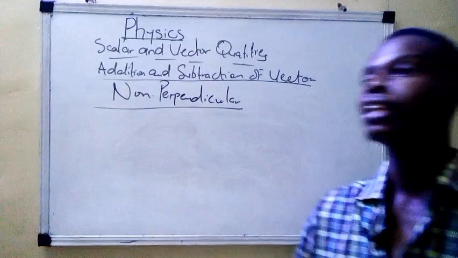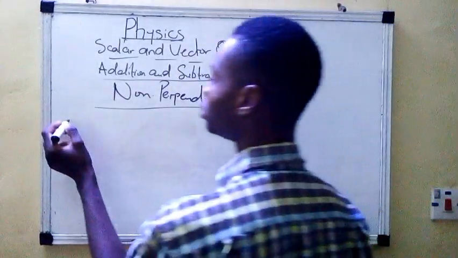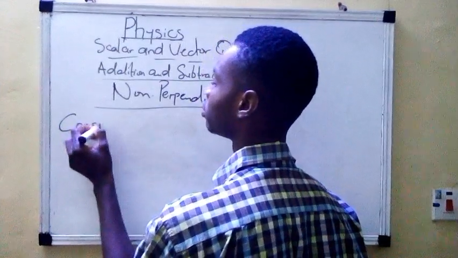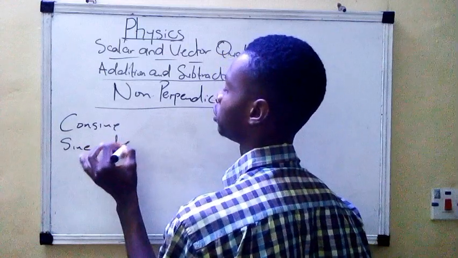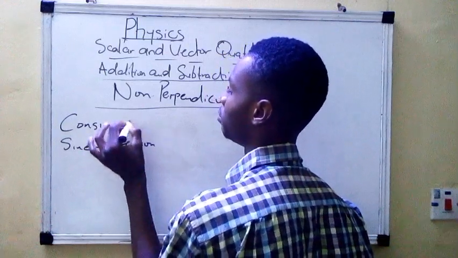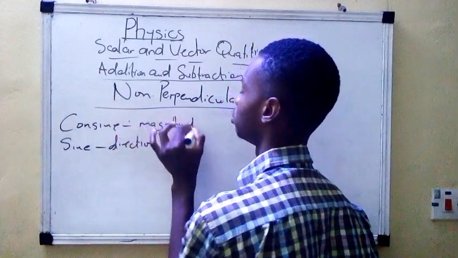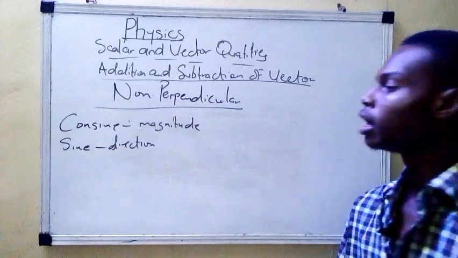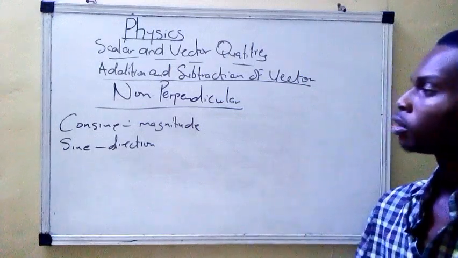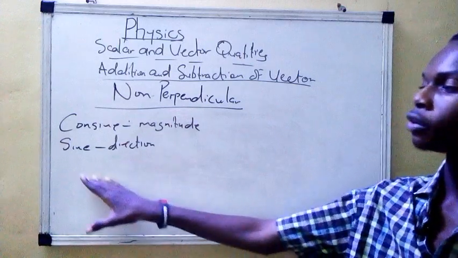Cosine rule. Then for direction we use sine rule. So for magnitude we use cosine rule, for direction we use sine rule.